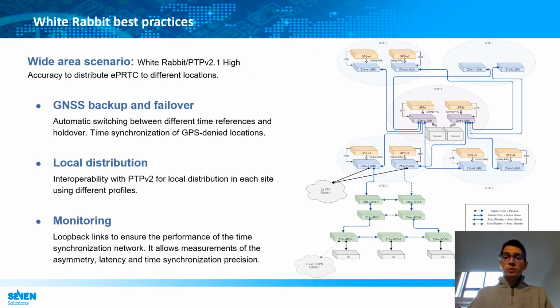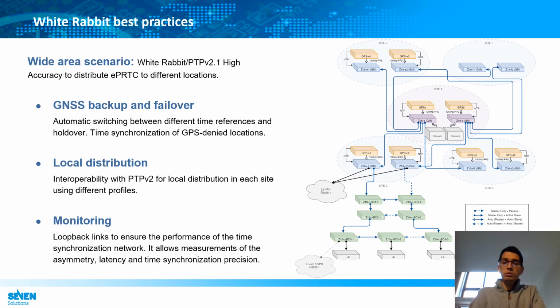And the same applies when we are speaking about wide area scenarios. We have different sites, we have cesium clocks, we have GPS receivers, and we have all the distribution network to all the different sites. And after that, we also have the local distribution in each one of the sites.